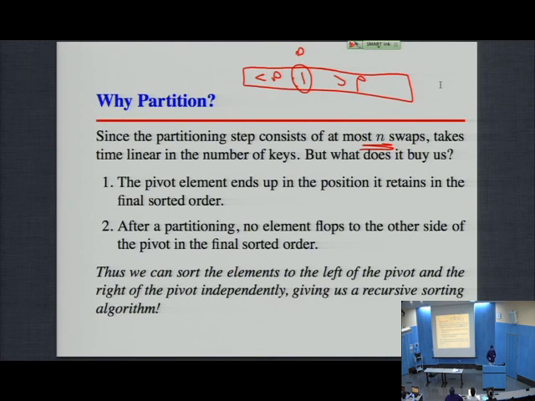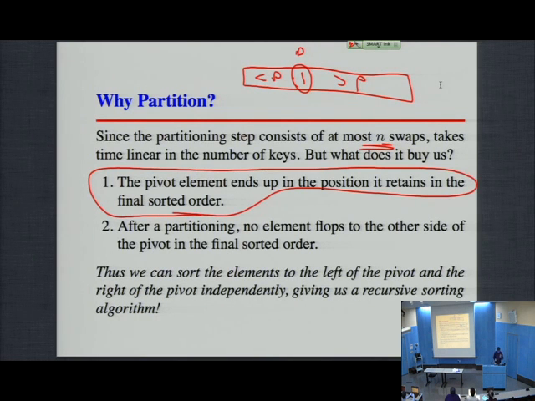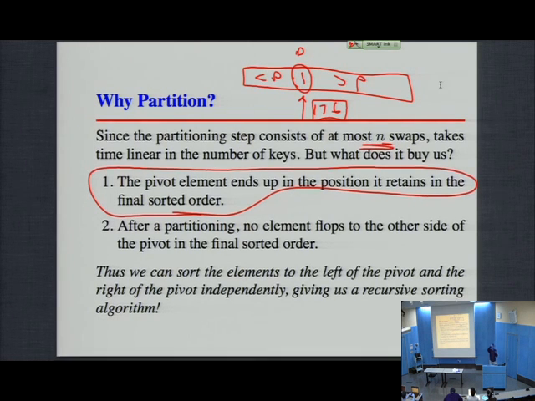First, the pivot element is now in the spot where it's going to sit in final sorted order. After partitioning, the pivot might be in the 176th slot. How do I know that element is going to be in the 176th position in total sorted order?